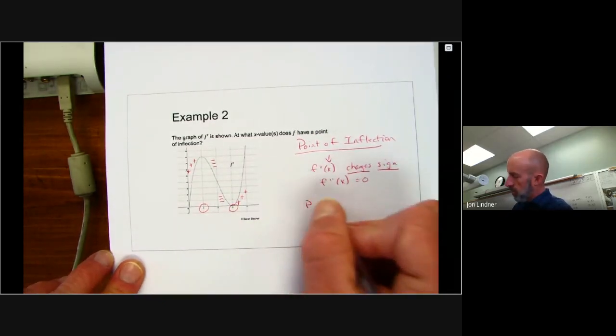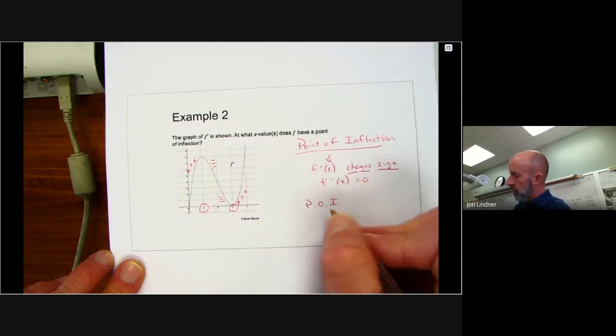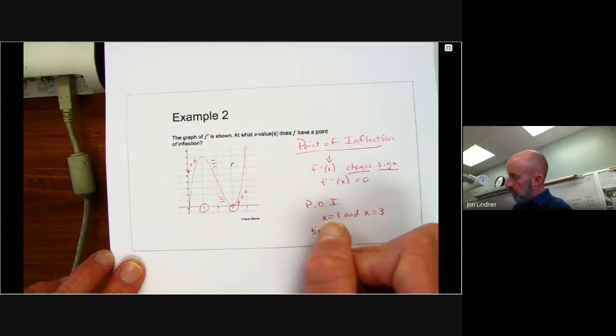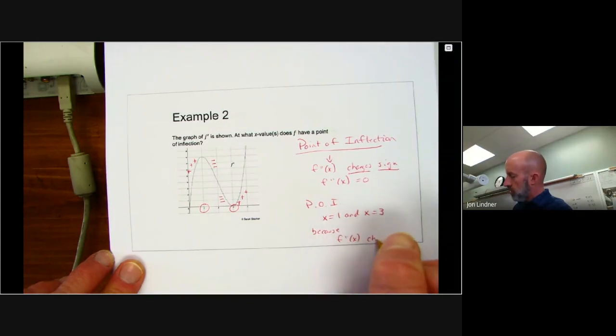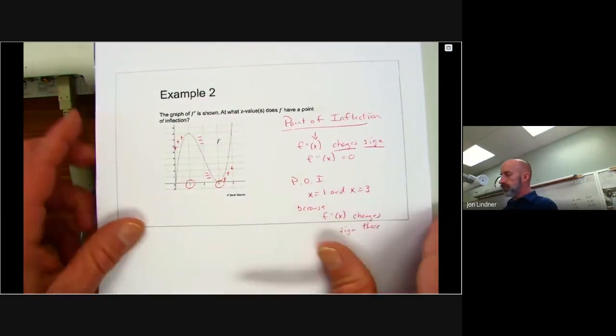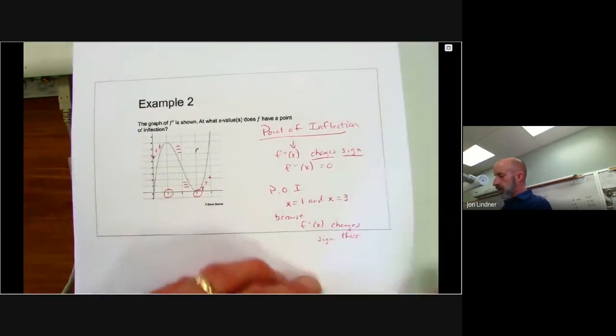Okay, so the points of inflection are at x equals 1 and x equals 3 because the second derivative changes sign there.